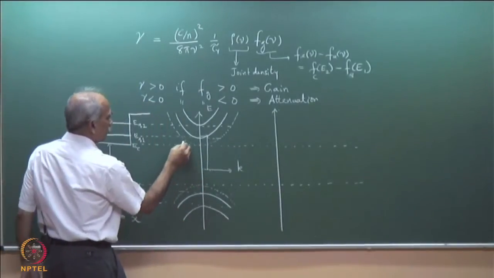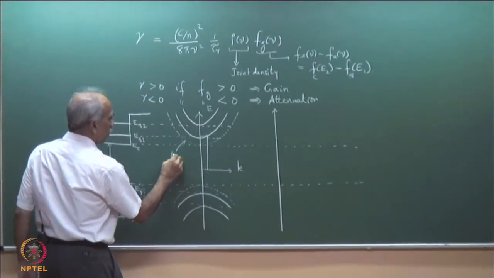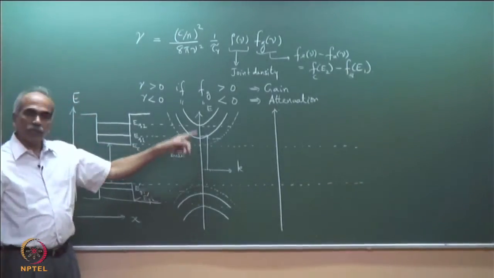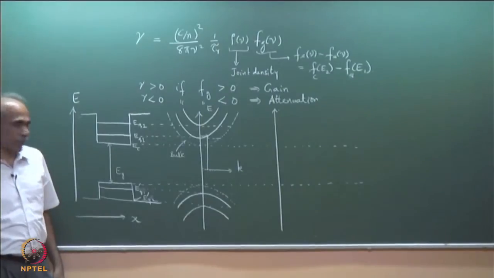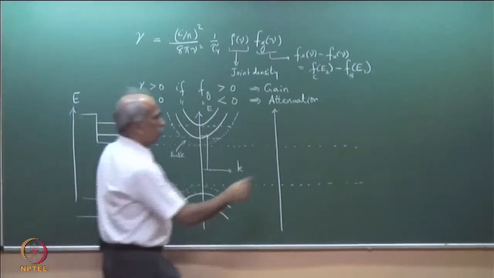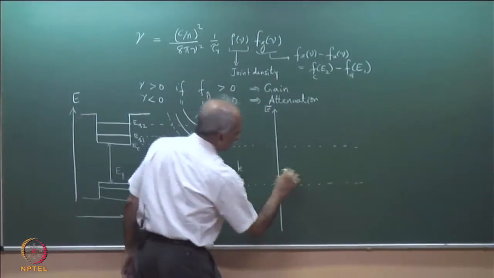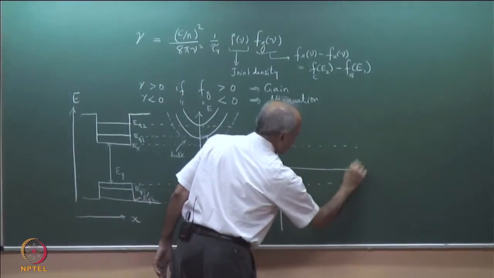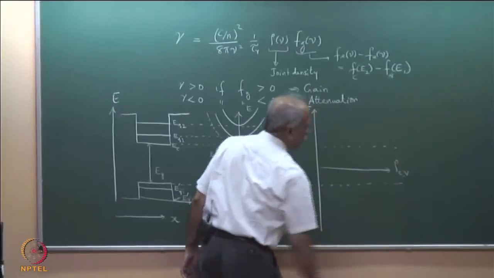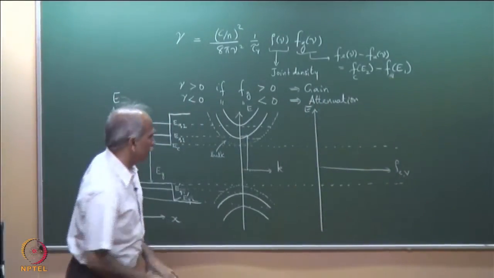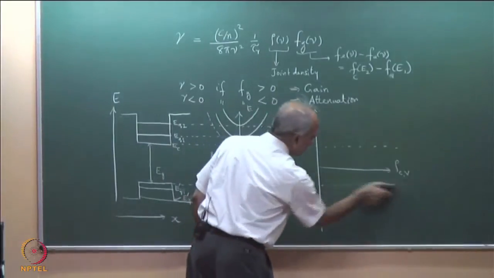So, let me write here bulk, and these are the energy subbands for the quantum well structure. We also want to plot E versus the density of states, rho C comma V of E, just recalling what we have already studied.